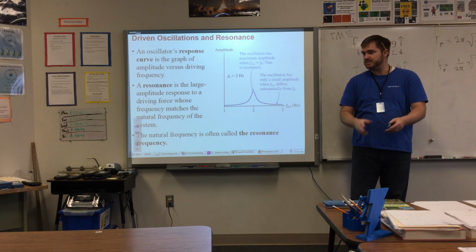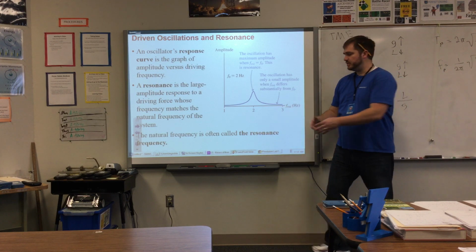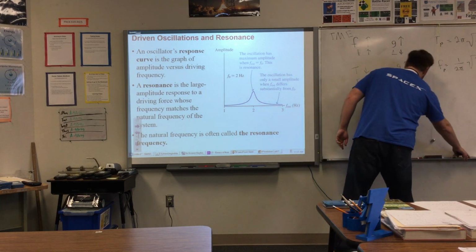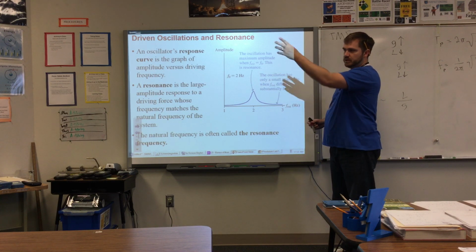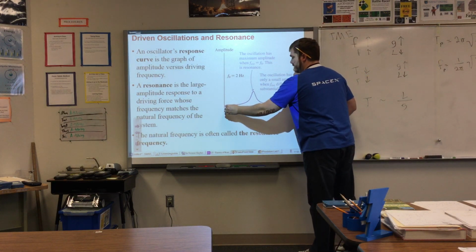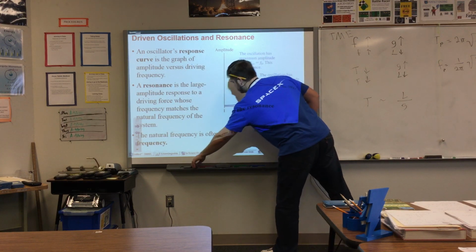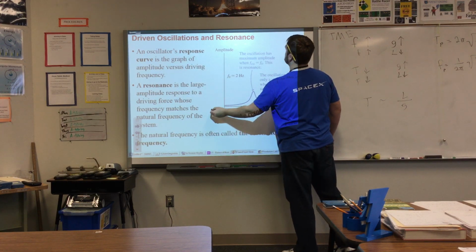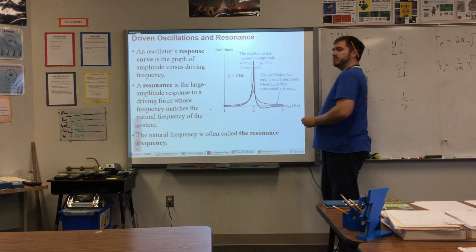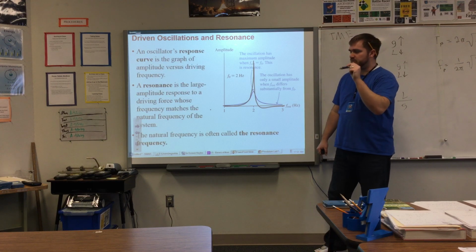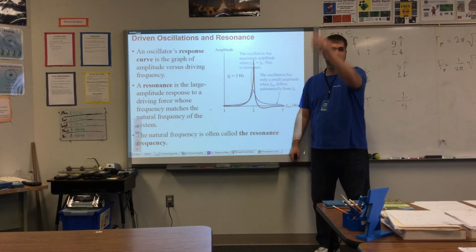And different systems have a different response graph, okay? There are some systems, maybe like the spring over there, if we had the backpack and the spring, where the graph might look like that: if you get it right on the nose at 2 hertz, boom, it's going to go crazy up and down.